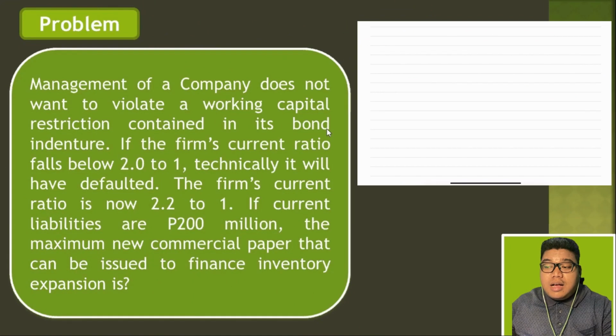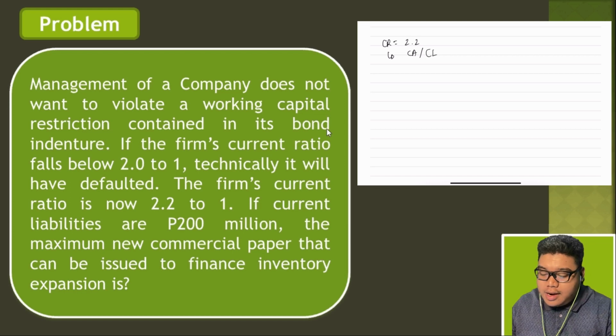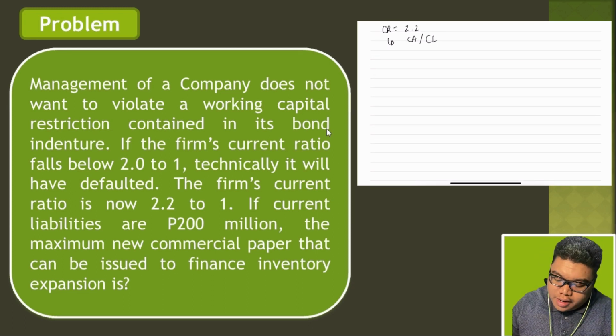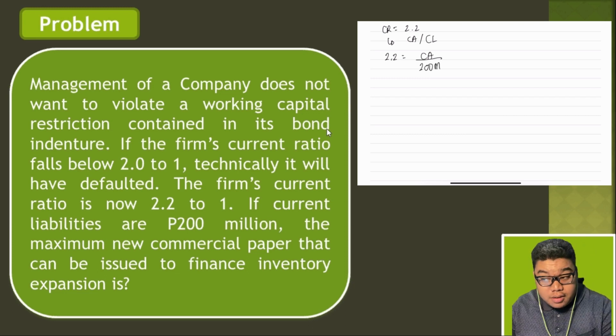So in here, we have a current ratio that is currently 2.2. What is the formula of current ratio? Current asset divided by current liabilities. So to be able to utilize this, we have our current liability. So 2.2 is equal to, we don't have our current asset yet, and our current liability is 200 million.